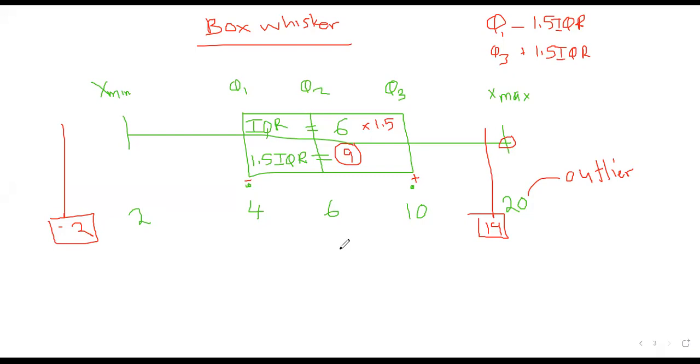All right. Where did we get the 9 from? Somebody has a question there. Where did we get the 9? I know the 6 is the interquartile range. We multiplied the interquartile range by 1.5, which gives us 9.